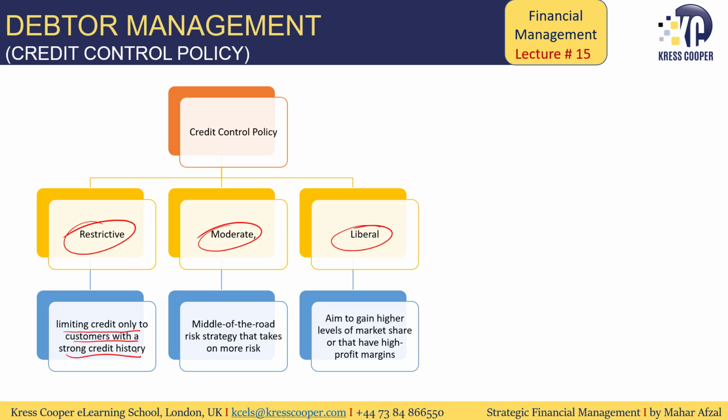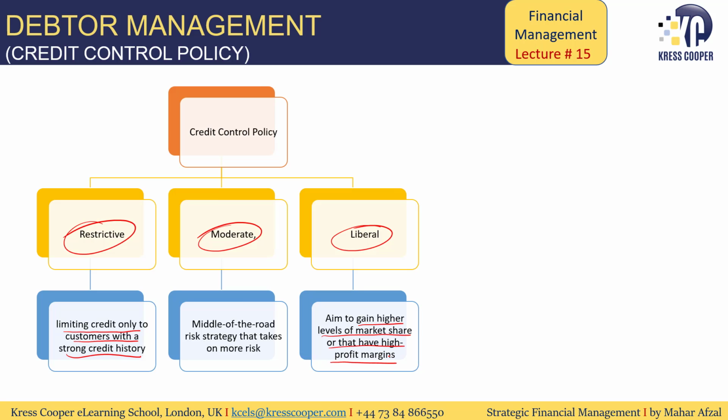If the customer doesn't have a strong credit history, companies do not give any credit to such customers. On the other hand, in the liberal credit control policy, companies give credit to the majority of the customers. The core objective is to gain a higher level of market share and to have higher profit margins.